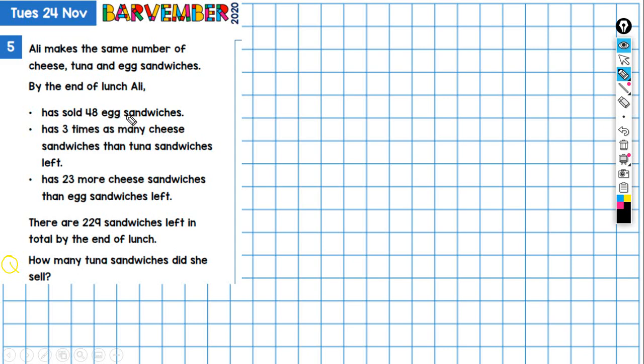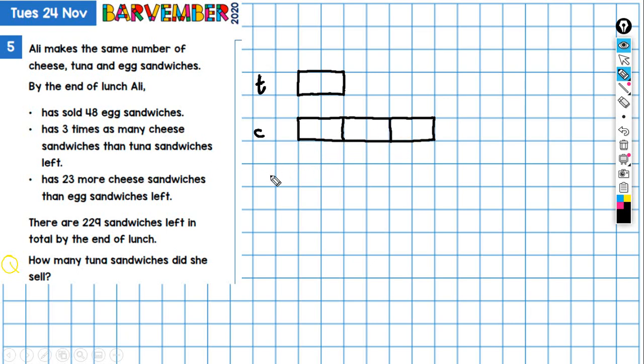I don't know how the egg sandwiches relate at this point, but I can draw a basic block for the tuna, using a slightly thicker pen. Then I can draw something to represent the cheese sandwiches that were left, which is 3 times the size of the block for the tuna sandwiches. So this is what I've got for cheese.